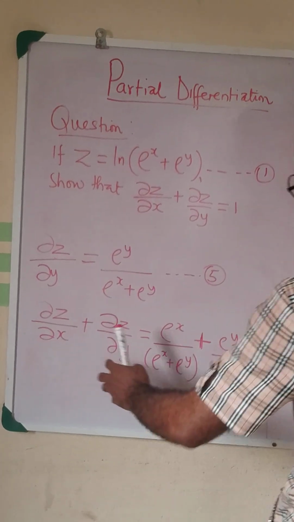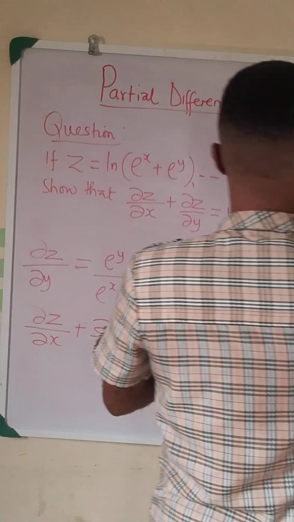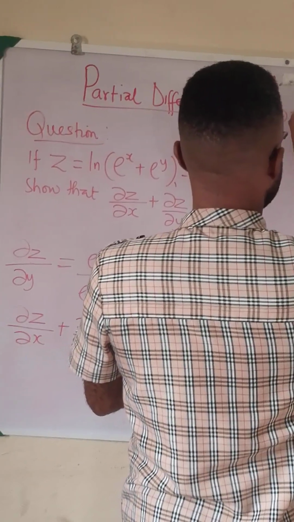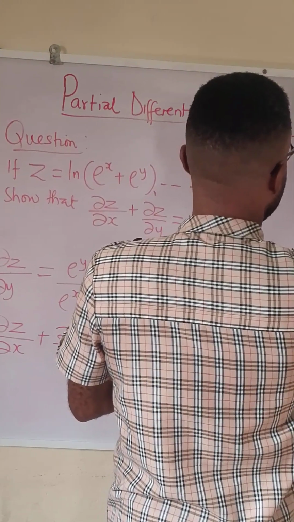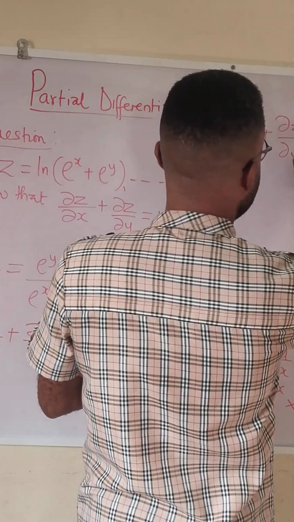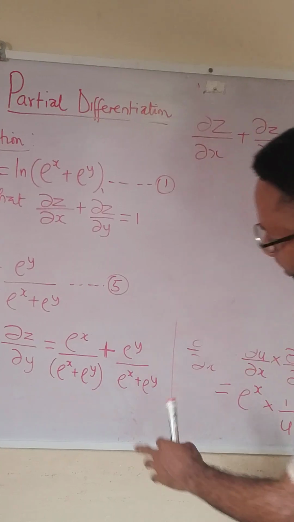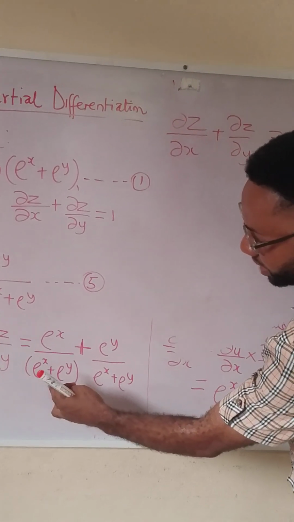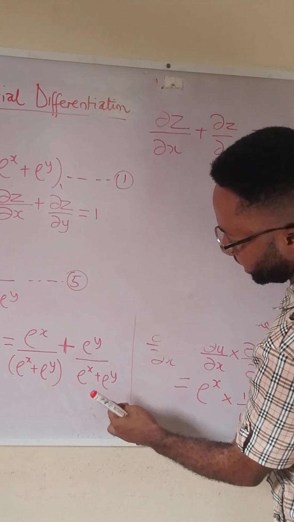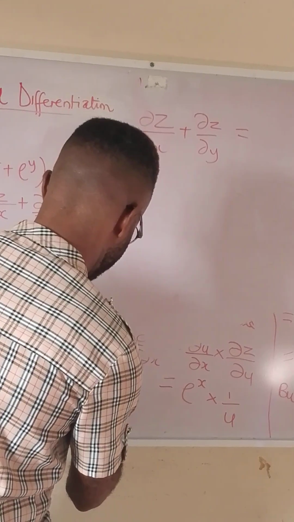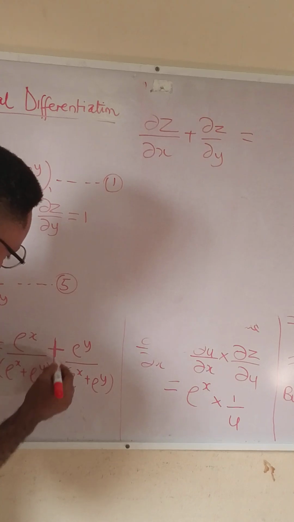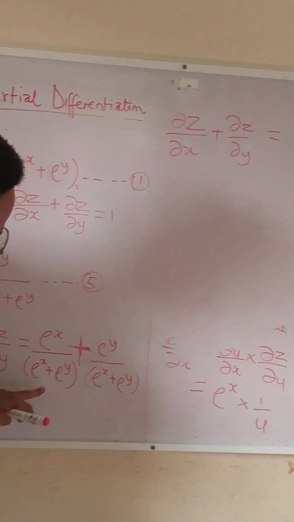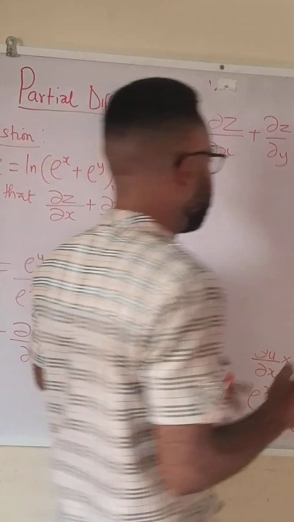So we continue. We take the left hand side, the partial derivative of z with respect to x plus that of z with respect to y will be equal to, now if we take the LCM of this and this, it's going to give us the same thing.